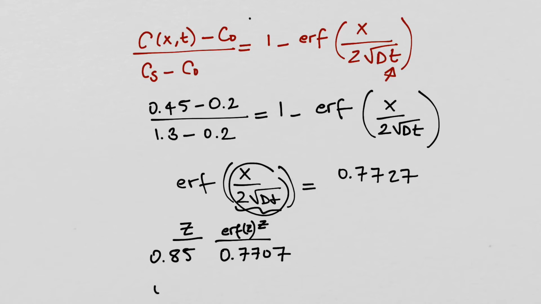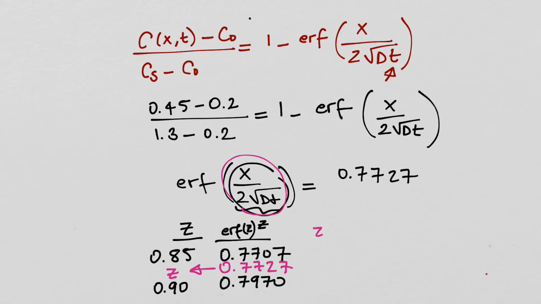For a value of 0.9, the error function is 0.7970, and our number, 0.7727, is in between. What is the corresponding z? All you have to do is linear interpolation here.